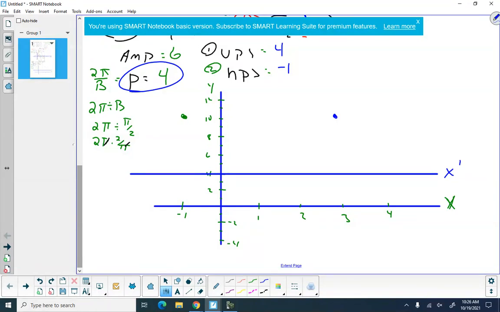So if I'm at 4 and I have to go down 6, we'll be where, Paige? -2. Halfway between -1 and 1, and 1 and 3, I'm on my prime axis. Once again, a lot easier to deal with here. So at 0, I'm on the prime axis, and at 2, I'm on the prime axis.